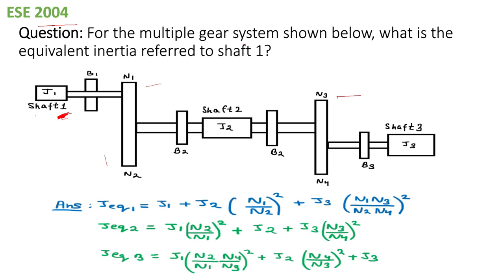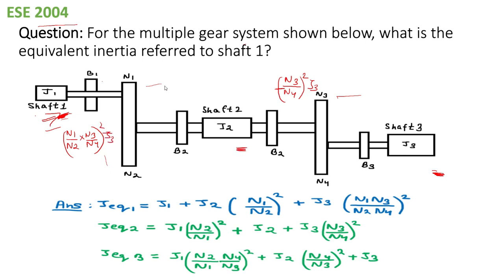So now for J equivalent referred to shaft 1, we will do just like in transformers. This J3 when referred to here will become (n3/n4)² J3, and when this is referred to here, it will become (n1/n2)(n3/n4)² J3.